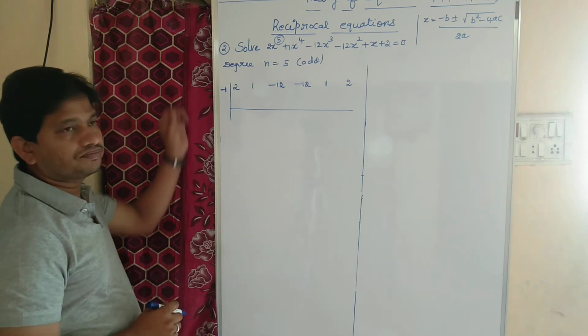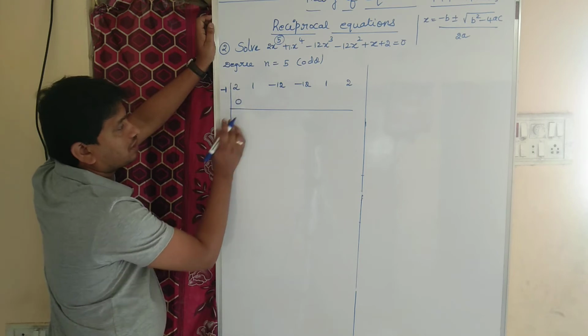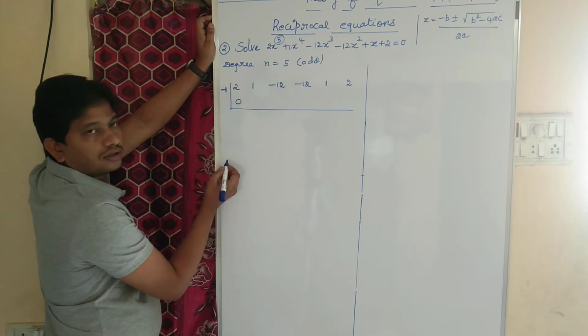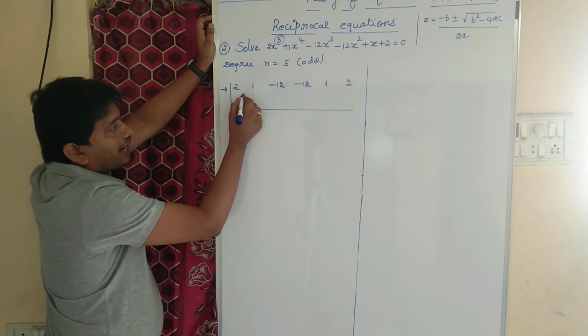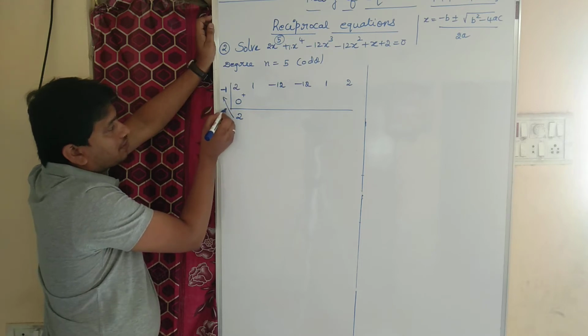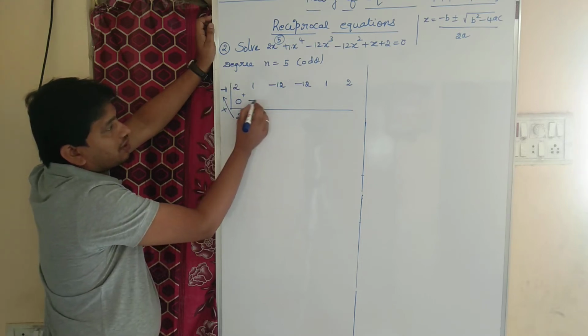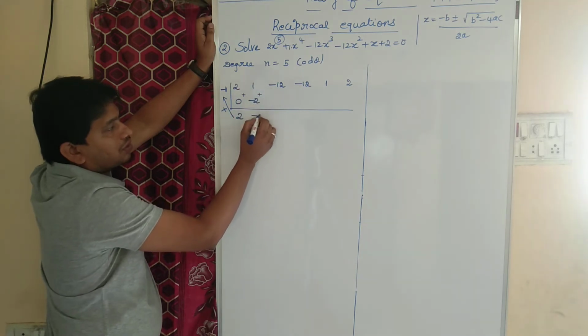Now we know how to do synthetic division. Always we need to put 0 here, children, right? Now 2 plus 0, we have to add, 2. Here we multiply 2 into minus 1, minus 2. Here we add 1 plus minus 2, minus 1.